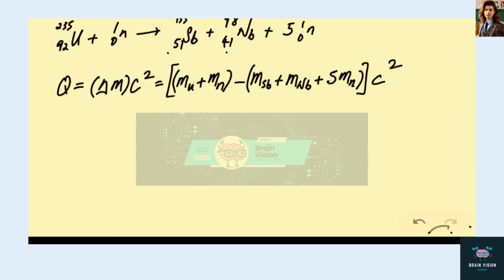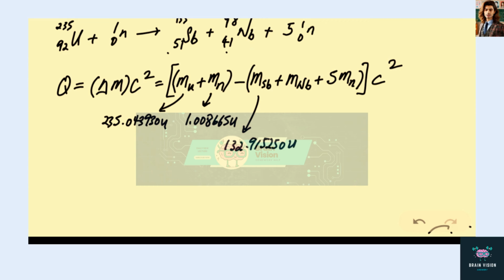All these masses you can look up online or through Appendix B for uranium. And this is for the neutrons, for the antimony, for the niobium, and that should be all the masses that we need.